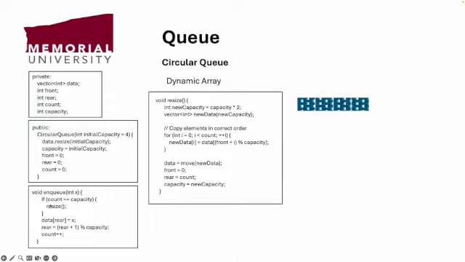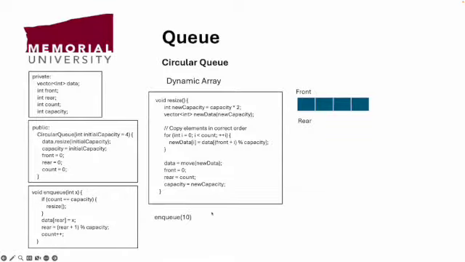Okay, for example, initial capacity equal to 4, right? We reserve 4 locations, 4 spaces in memory for this queue. Okay, we define front and rear equal to 0, all 0, right? Count also equal to 0.